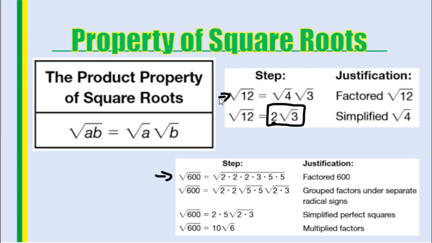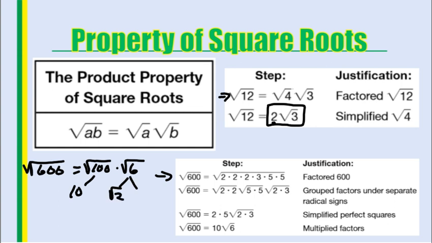For this one, I would have used a perfect square. If I were doing the square root of 600, I would have done the square root of 100 times the square root of 6. And I can break these down further. The square root of 100 is 10. The square root of 6, I can break down as the square root of 2 times the square root of 3.